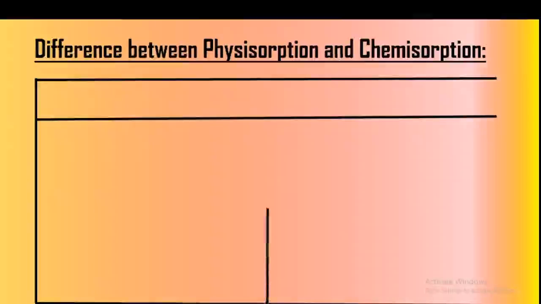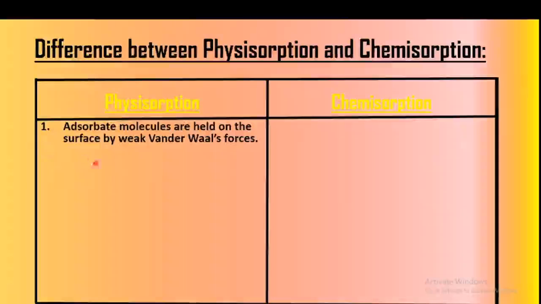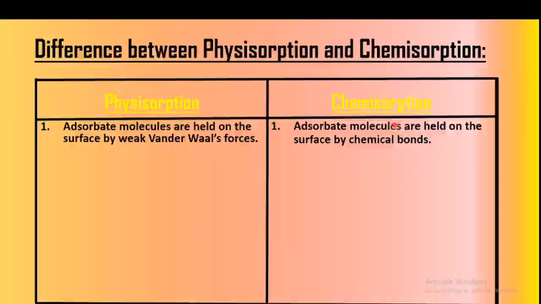So, the next point is the difference between physisorption and chemisorption. We will revise in tabular form. We have studied what physisorption is. The adsorbate molecules are held on the surface by weak van der Waals forces. In chemisorption, the adsorbate molecules are held on the surface by chemical bonds.